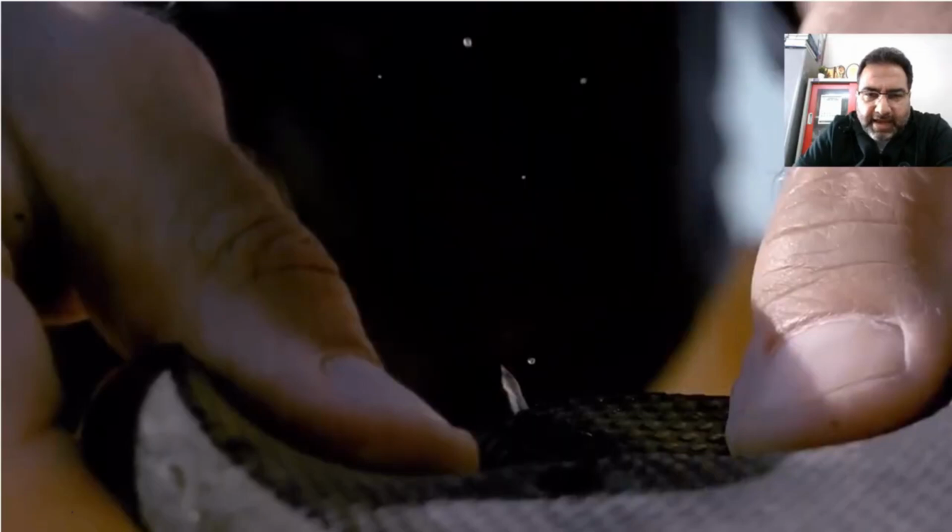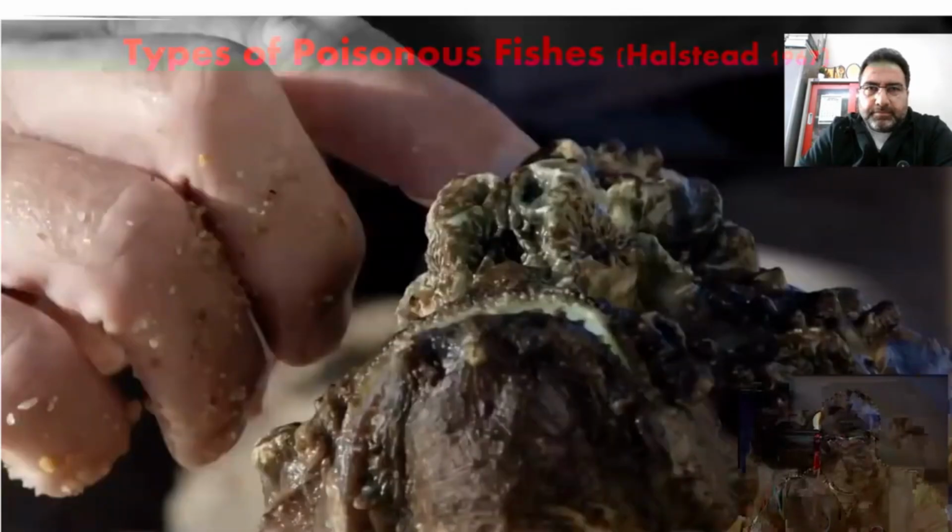It acts just like a hypodermic syringe, just like the fangs of the snake, which act as the hypodermic needle and inject their venom into other animals.